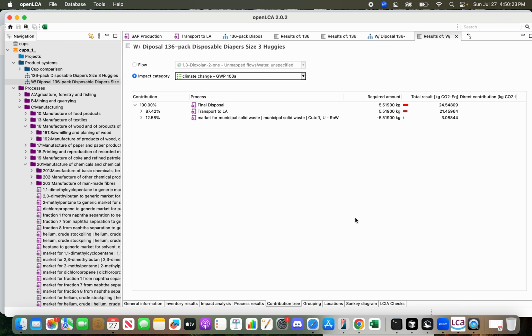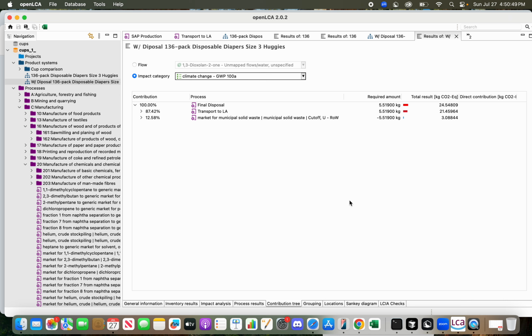So this just goes to show how important it is to do a cradle to grave assessment in most cases, because you're going to be missing out on a lot of the life cycle impacts if you're not including the disposal and landfill or compost or recycling. So that's another big downside to Dayrise, that you can't model the disposal and also the use phase.